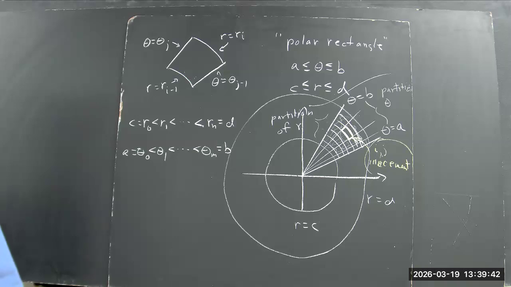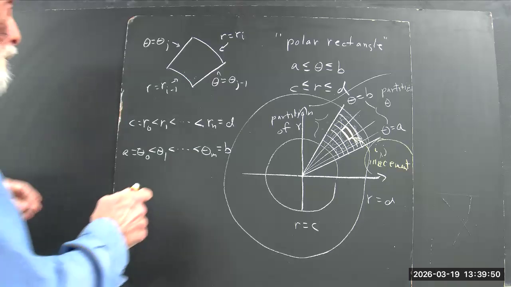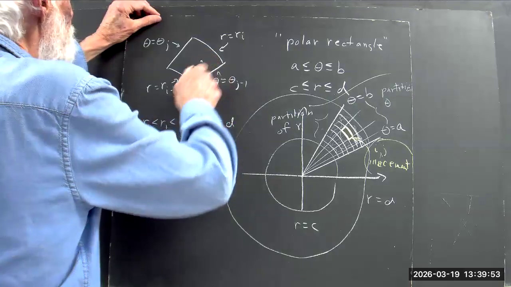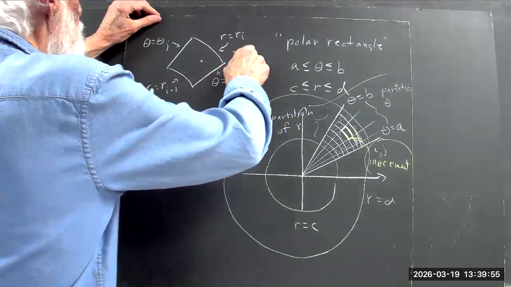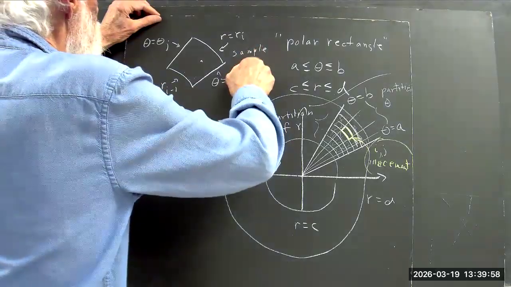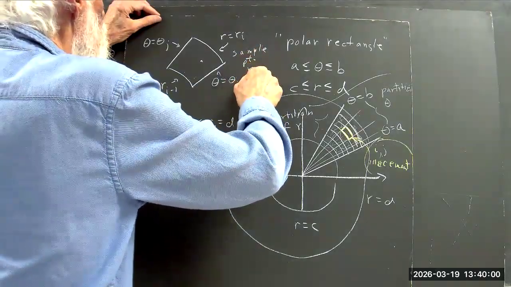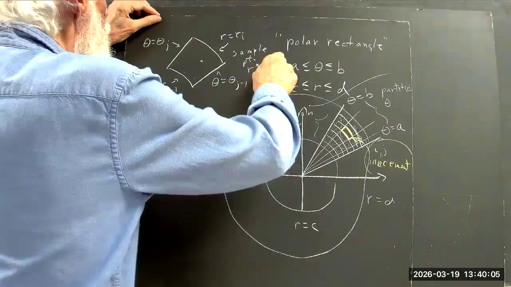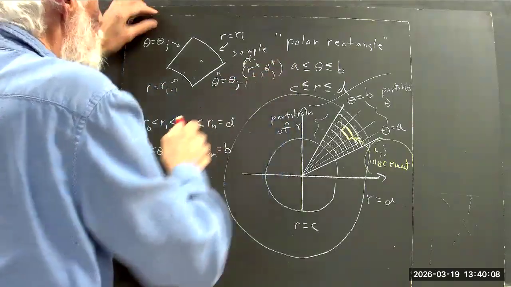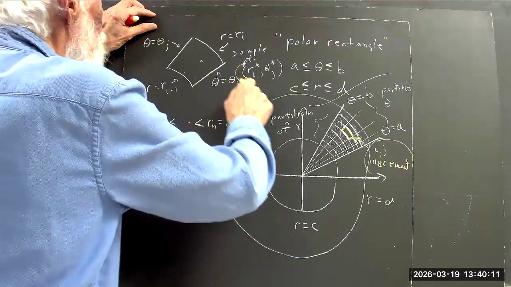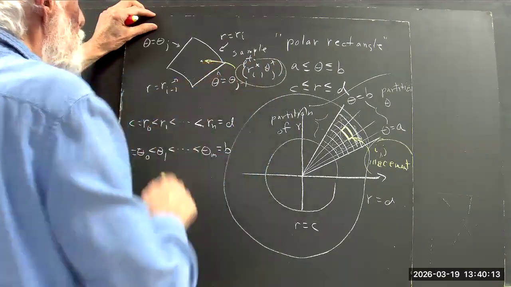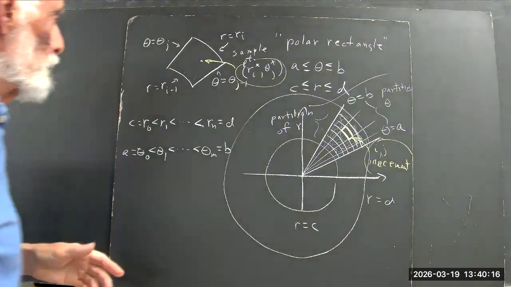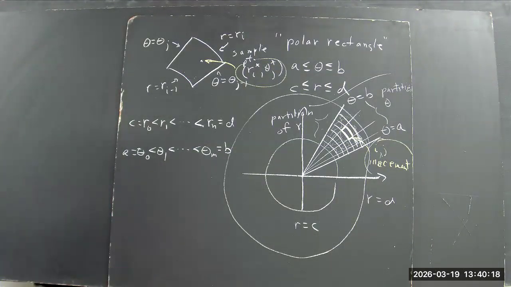If you like the way the book does it, it works. I'm not saying anything wrong with it. I'm going to say we take a sample point here, r sub I star, theta sub j star. And we're going to figure the dimension from that sample point.